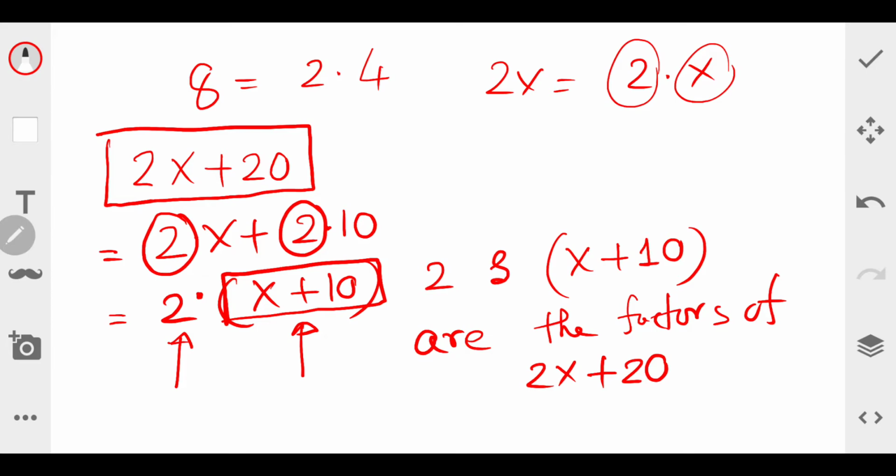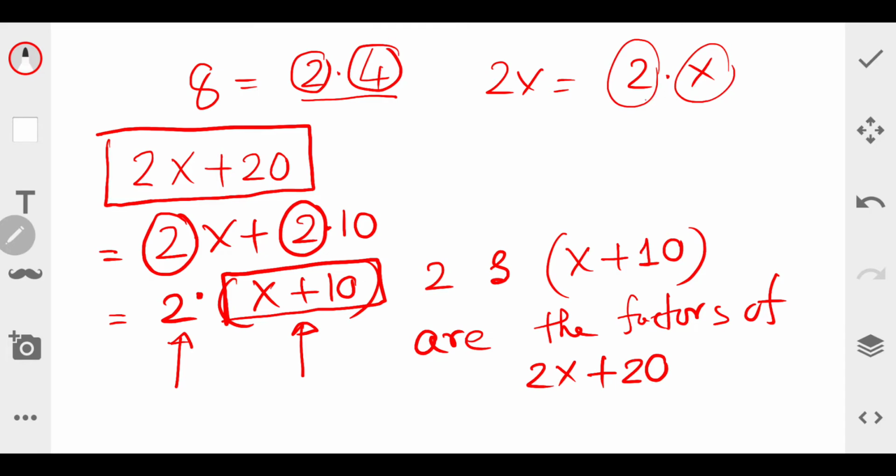This is very important to understand because most of the students get confused here about why it's 2 and x plus 10. Remember, the definition of factoring means you are rewriting the quantity as multiplication, not adding, not subtracting, but multiplication. So 8 is 2 times 4. That's why 2 and 4 are the factors of 8. 2x, 2 times x.